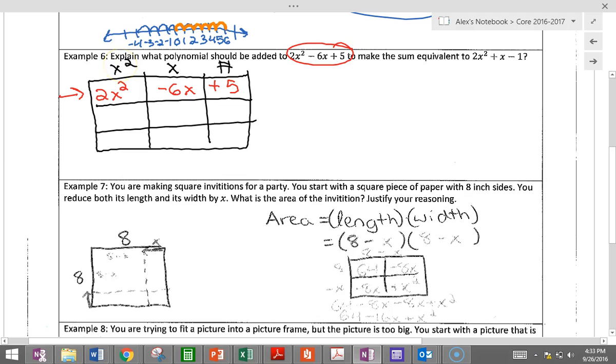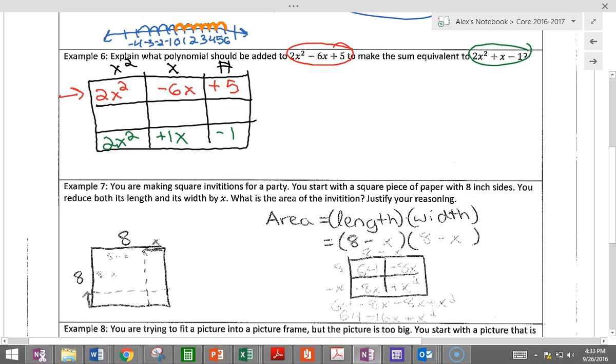And then I want to get 2x squared plus x minus 1. And really, this is 1x. If you just have an x, it's really helpful to put that 1 in.